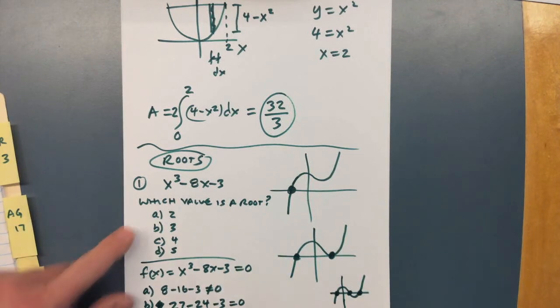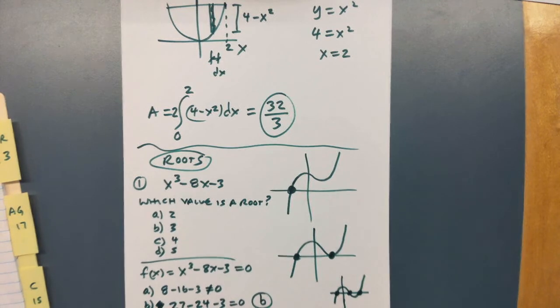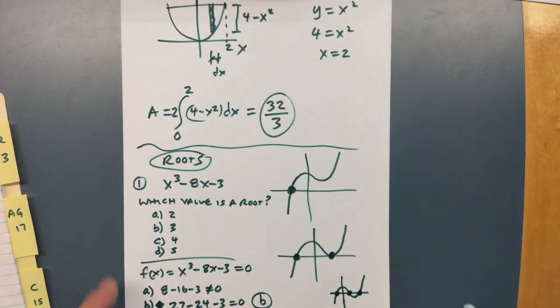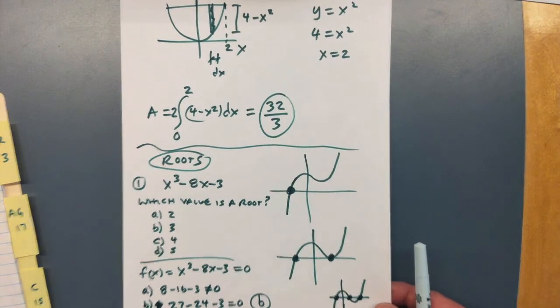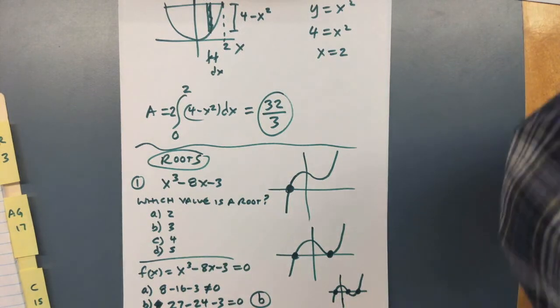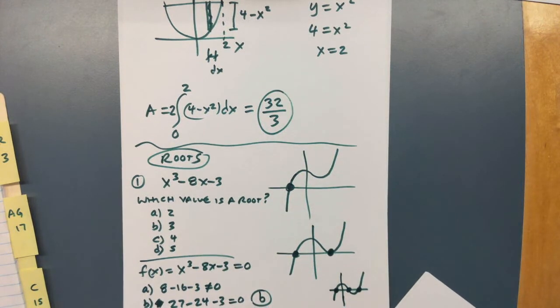So that's the answer, B. So a quick, easy way is just try it and see if it makes the function equal 0. But that's in concept what you're doing. You're finding those locations of the x values where the curve crosses the x-axis. That's one root problem.